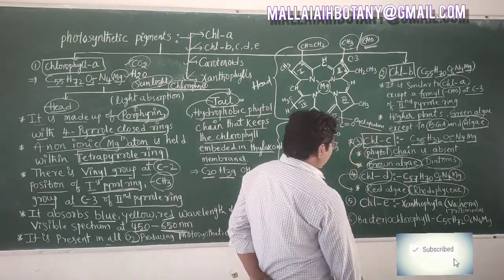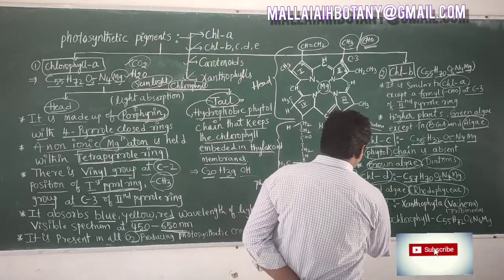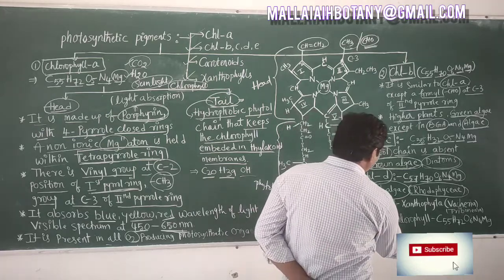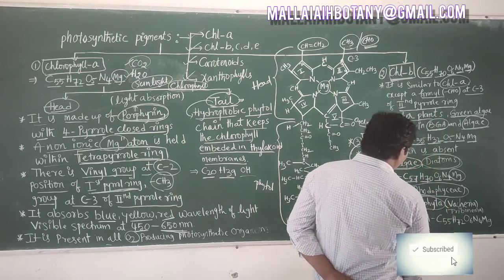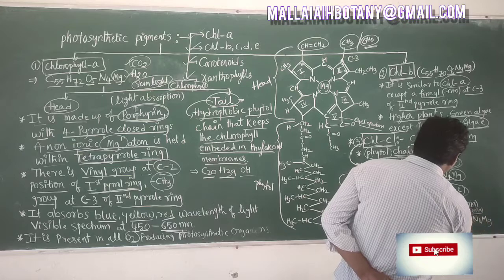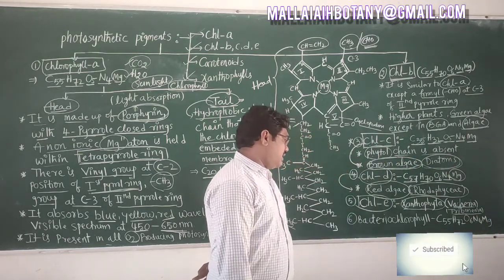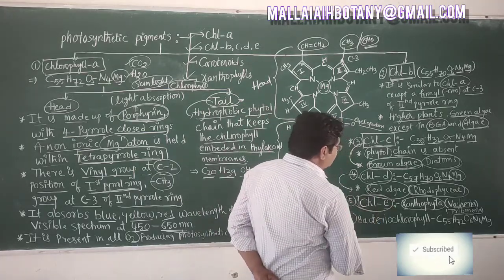Next chlorophyll molecule is called chlorophyll E. Chlorophyll E is present in the xanthophytes. What are the examples of xanthophytes? Vaucheria, Tribonema. These are examples of the Xanthophyta, in which chlorophyll E is present.